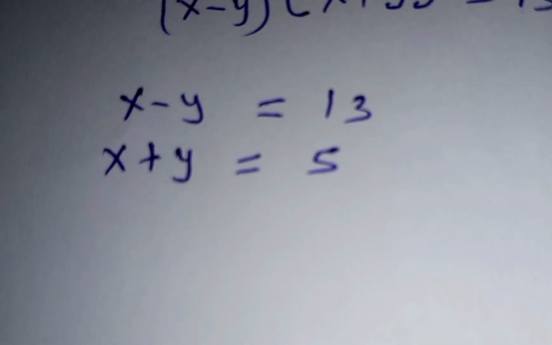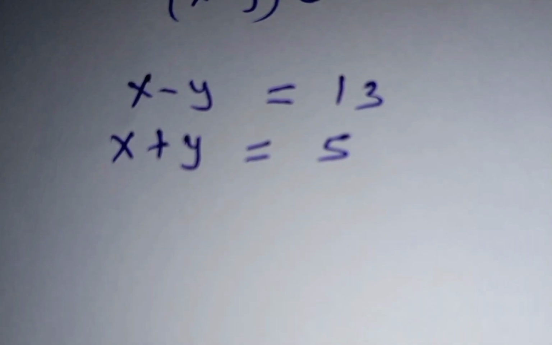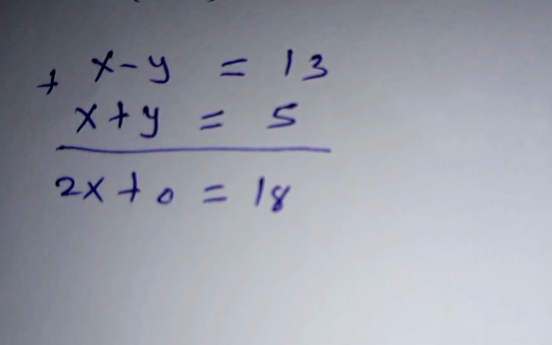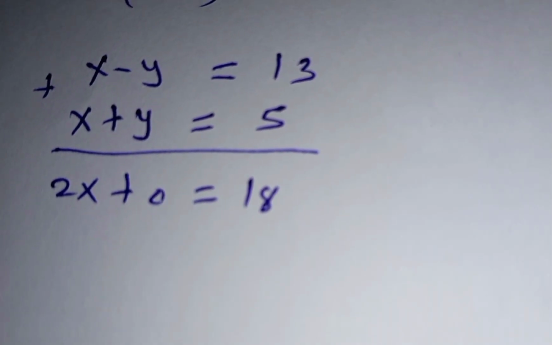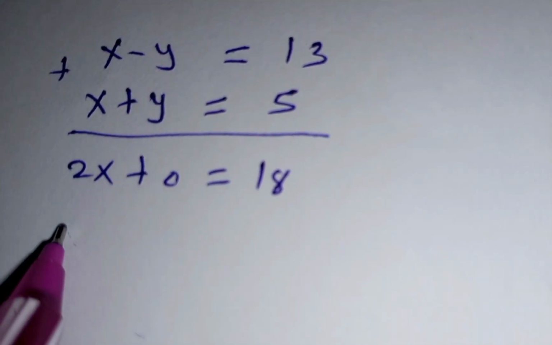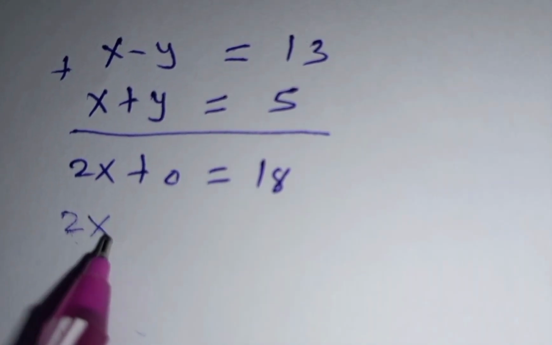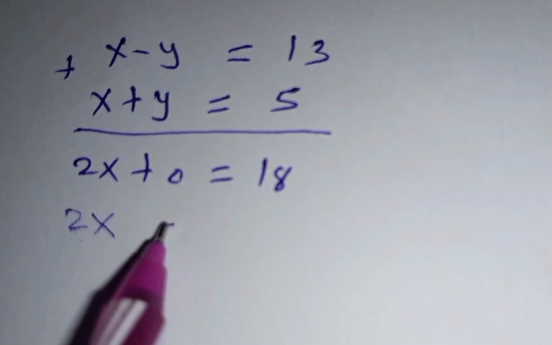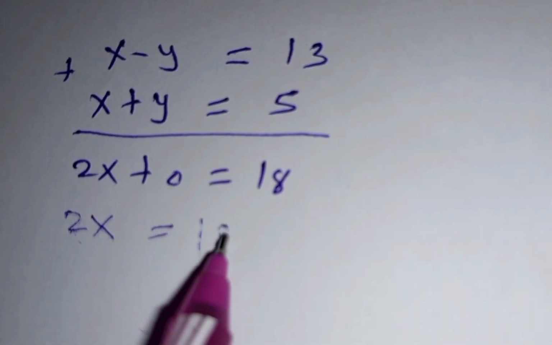We can eliminate y by adding the two. So x plus x is 2x, negative y plus y is 0, and 13 plus 5 is 18. So clearly you can see that 2x is equal to 18.